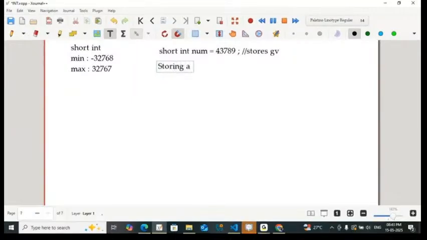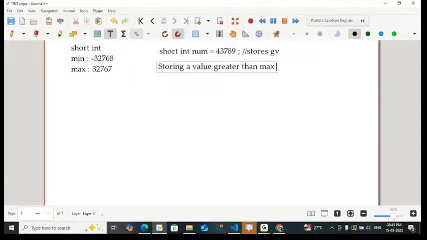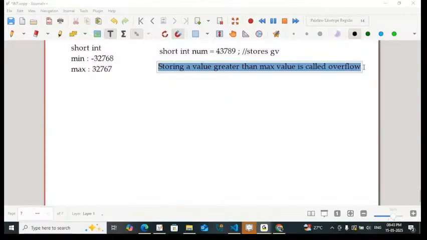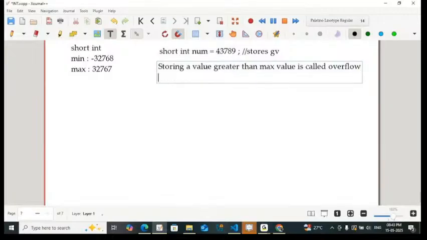Similarly, storing a value lesser than the minimum value, we call it underflow.